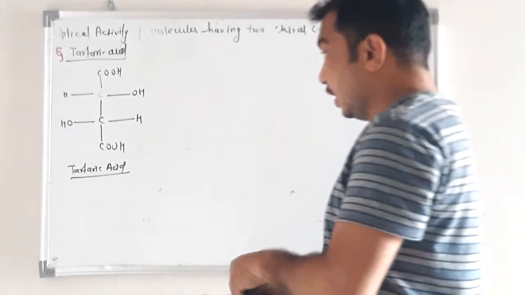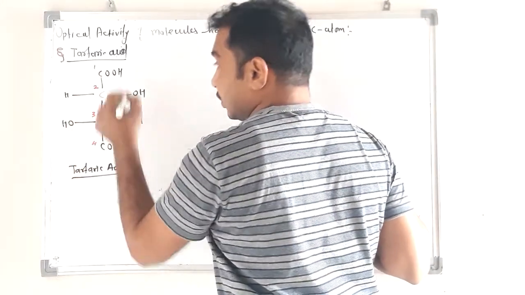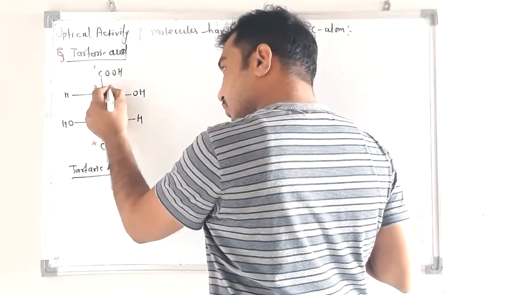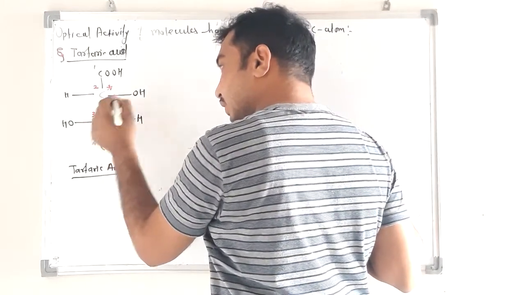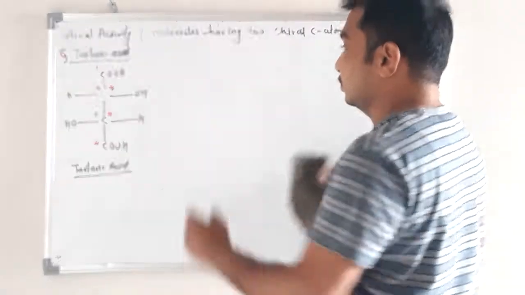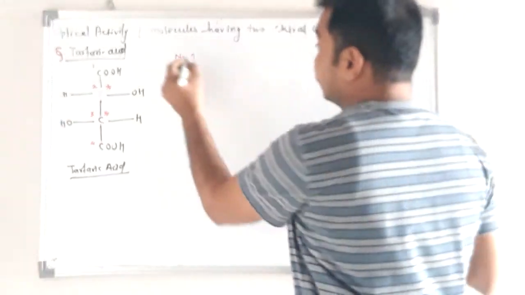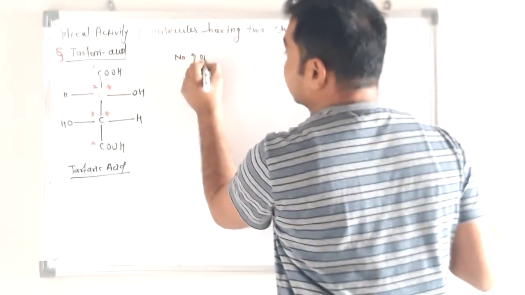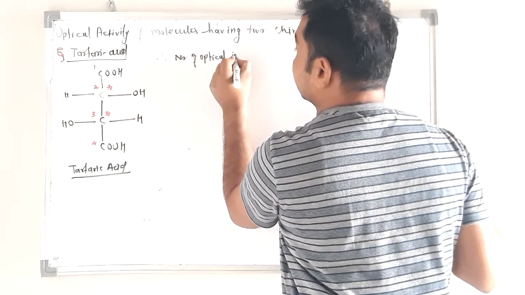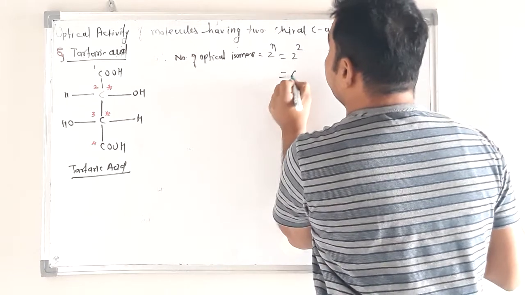Now, just observe this molecule having a total of 4 carbons: 1, 2, 3, 4. But out of these 4, carbon number 2 and carbon number 3 are asymmetric carbon atoms. 2 means 2 asymmetric carbon atoms are present, and therefore the number of optical isomers is equal to 2 raised to n, that is 2 raised to 2, that is 4.